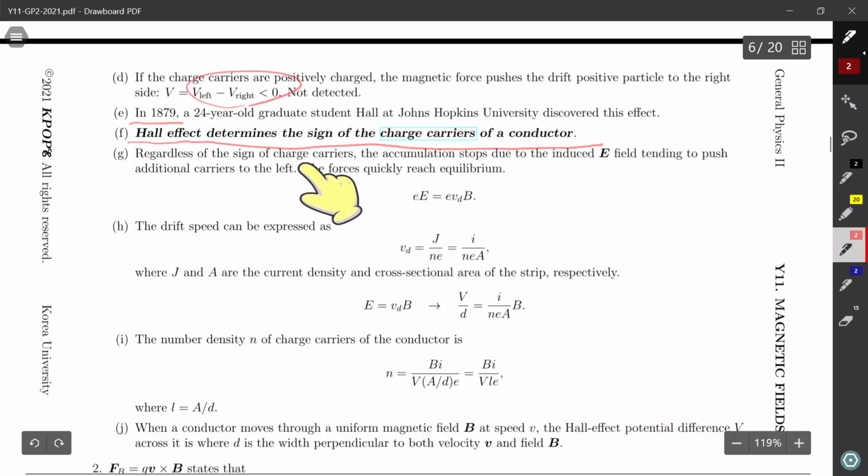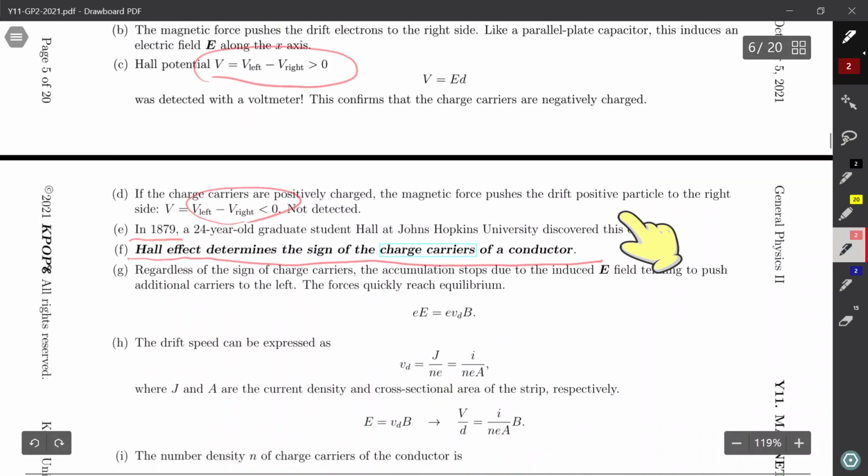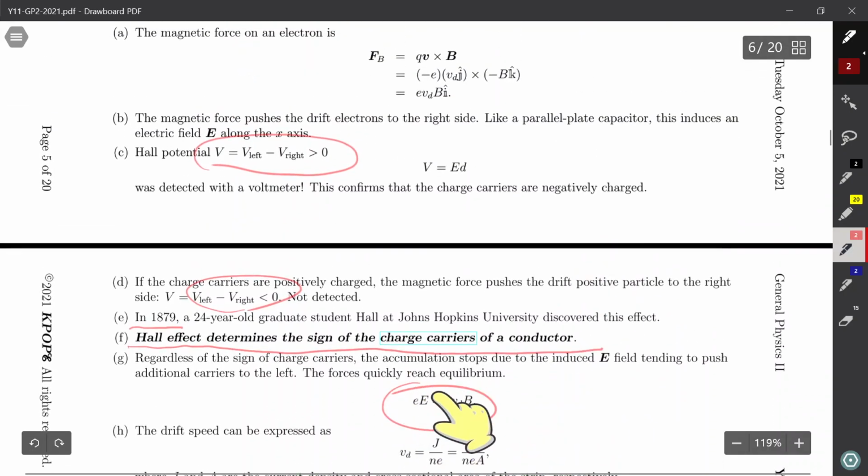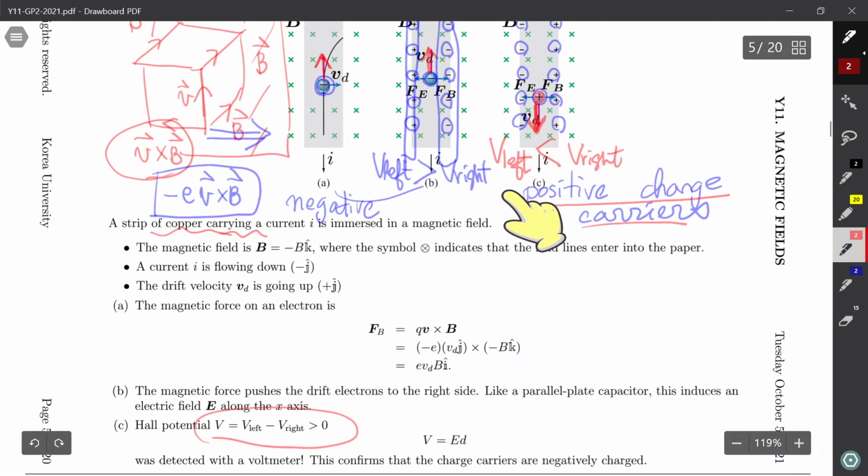Regardless of the sign of charge carriers, accumulation stops due to the induced field tending to push additional carriers to the left. The force quickly reaches equilibrium. That equilibrium condition is this. The electric field is the Hall potential divided by the distance d.